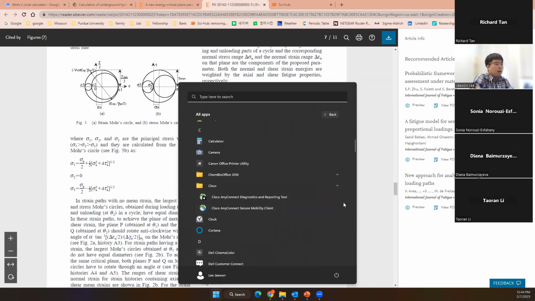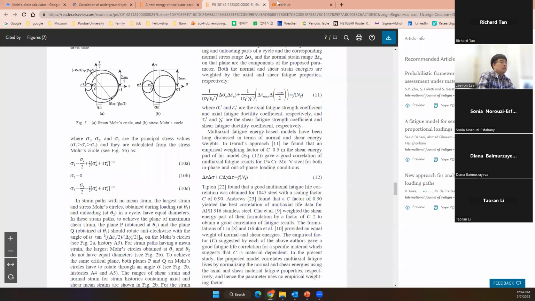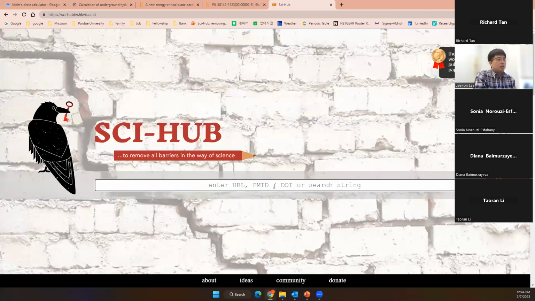If the University of Missouri didn't make a contract with some of the journals, I think it will work. So I suggest just using SCI Hub. This is better than AnyConnect.